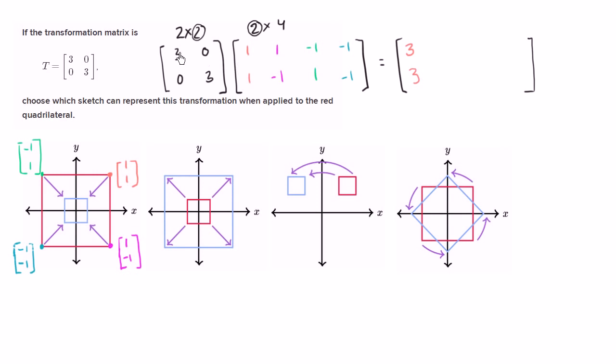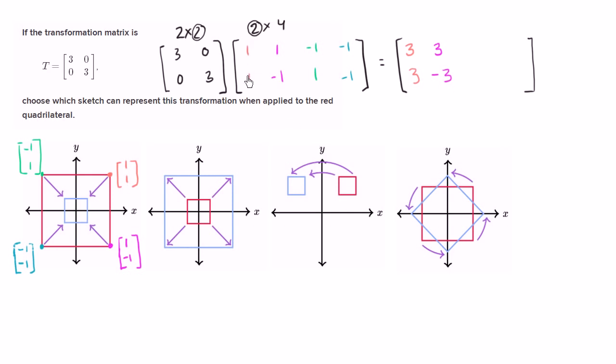Over here, you have 3 times 1 plus 0 times negative 1, so it's really just 3 times 1, which is 3. And for the y coordinate each time, we're only involving the y coordinate of the point before transformation. 0 times 1 is 0, so we're not thinking about the x coordinate, and then it's just 3 times negative 1, which is negative 3.